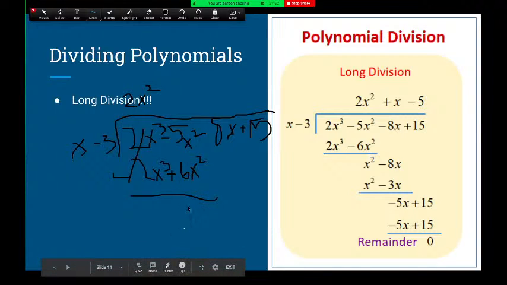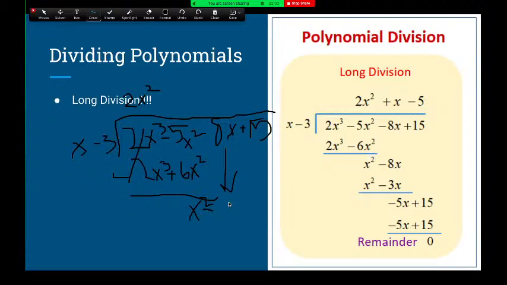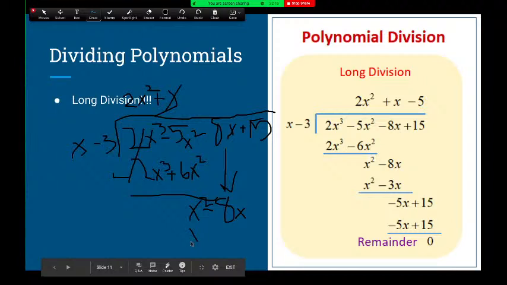Then you have x squared over here, and you have to bring this down, and it becomes minus 8x. You have to multiply by positive x to get x squared, so you do that: x squared minus 3x.